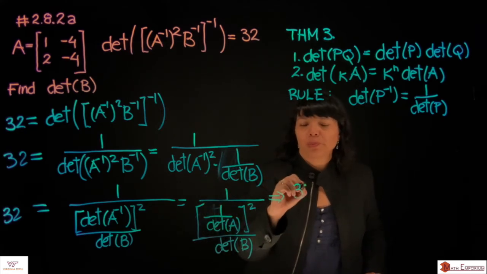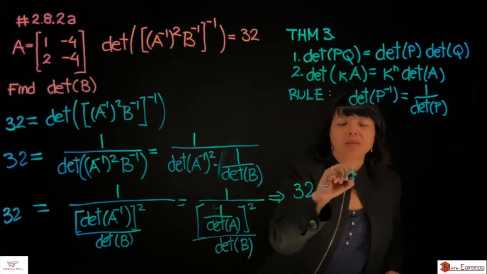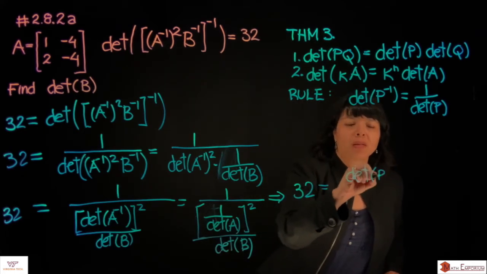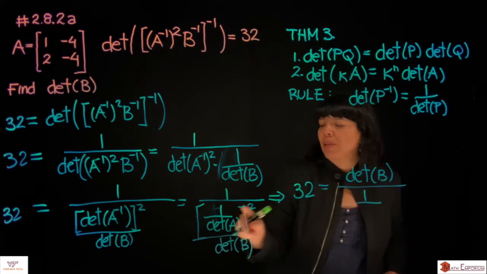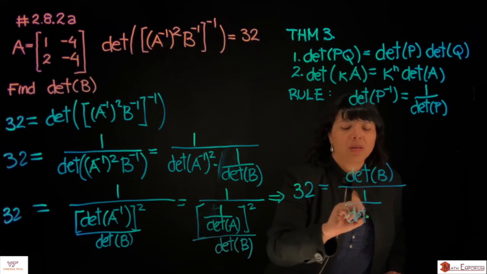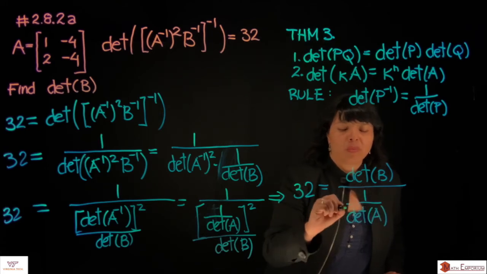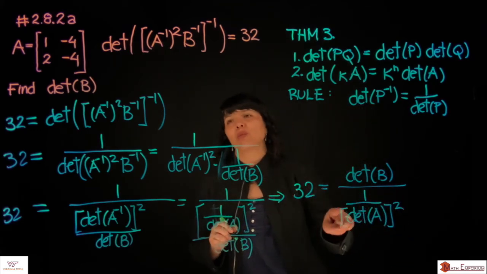32, just simplifying this fraction, gives me the determinant of B divided by 1 squared over the determinant of A squared. And we can do the computation for this number.